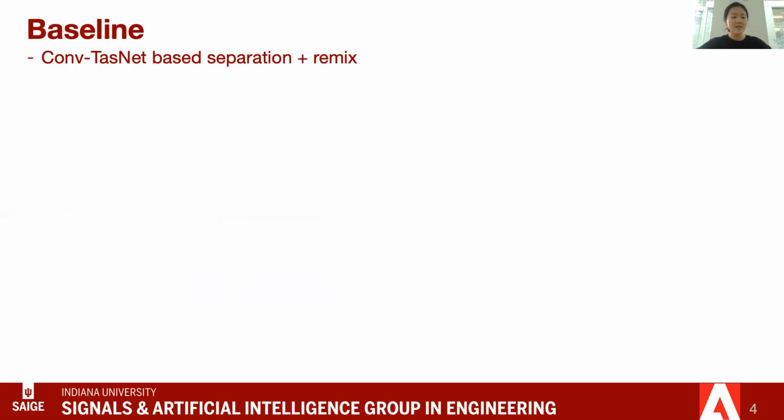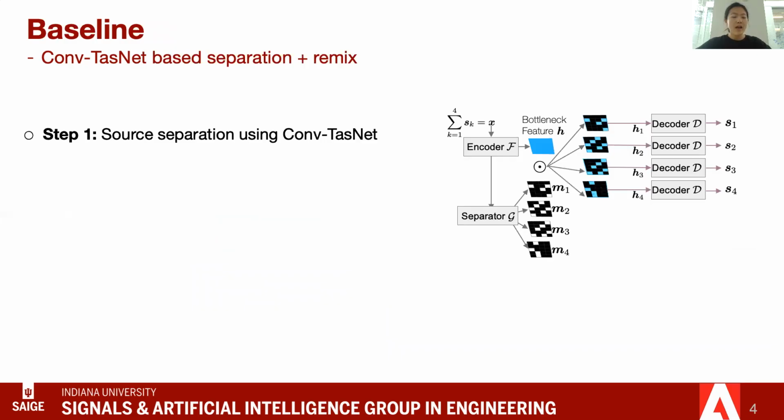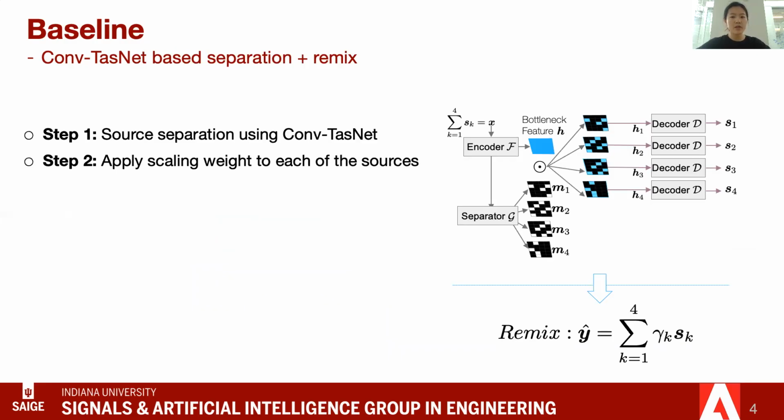Our baseline is a realization of these conventional remixing methods, where the separation and the remixing procedures are totally independent. We use a ConvTasNet to first separate the sources, as indicated by the previous slides, and then the output remixture is the weighted sum of the sources, where the weights can be arbitrarily defined by the users.